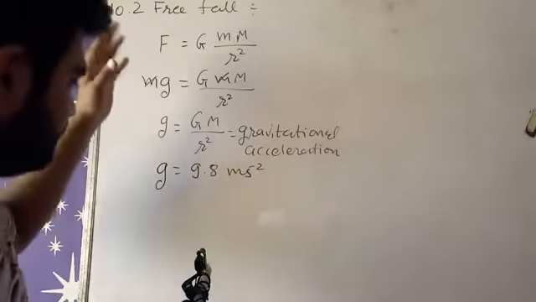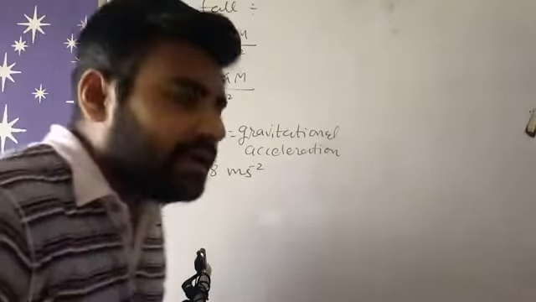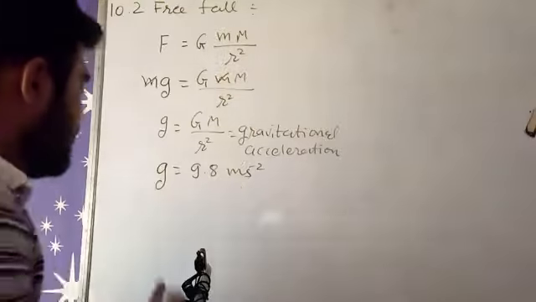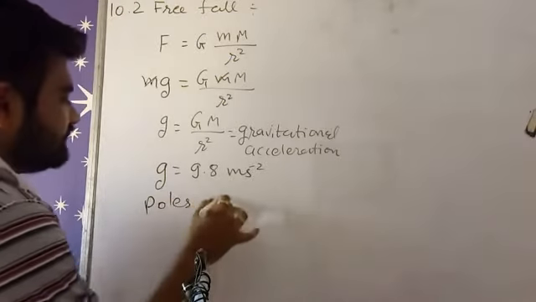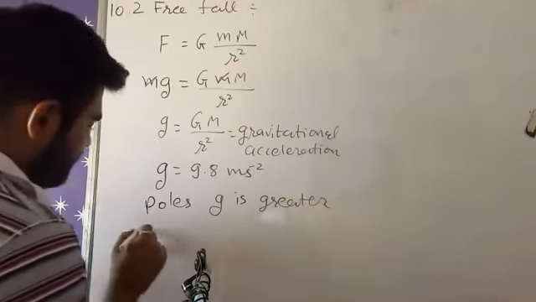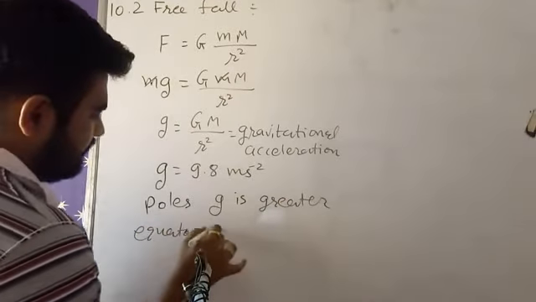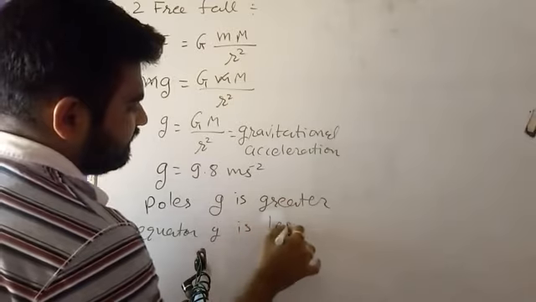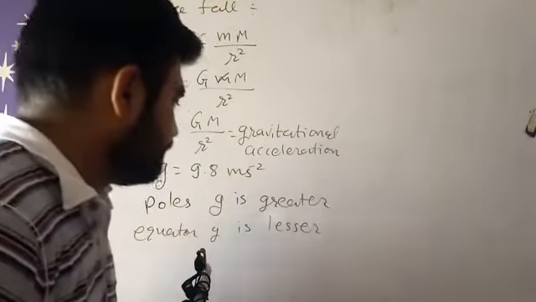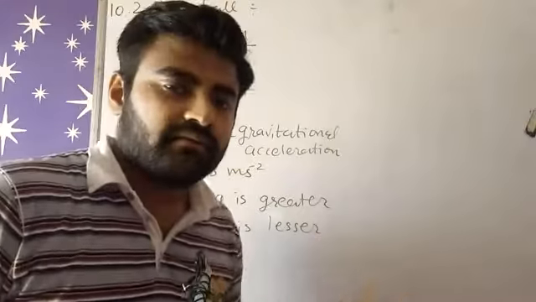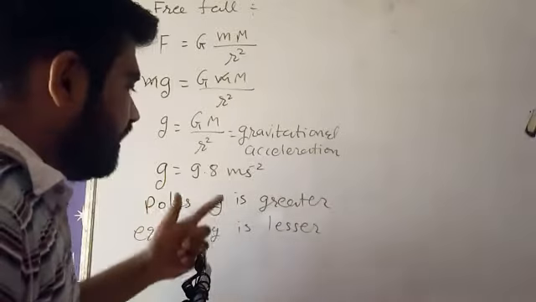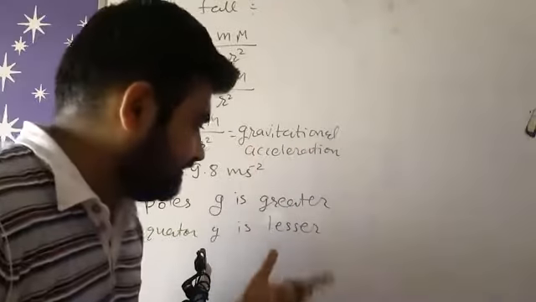So this g is not completely 100% equal on the earth. At the poles g is greater, and at the equator g is lesser. So why does this difference of g come? Because we know that the earth is not completely a sphere. At the poles the earth's radius is lesser.